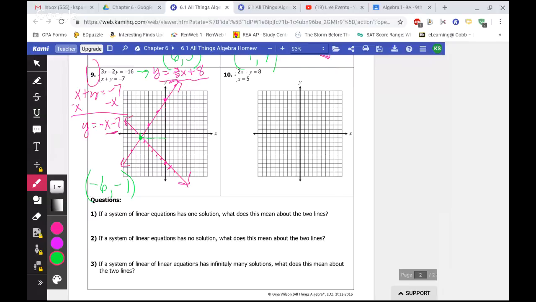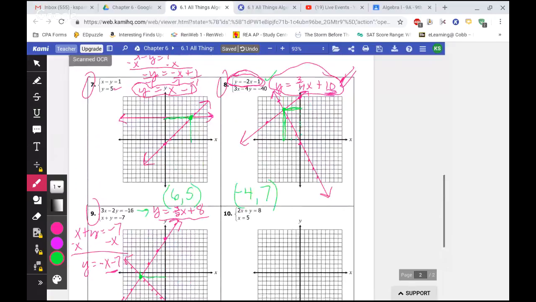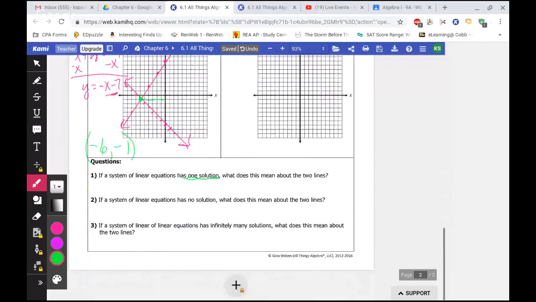That would be like number 9, number 8, number 7. What are those two lines doing? Intersecting. Good job. The lines intersect.